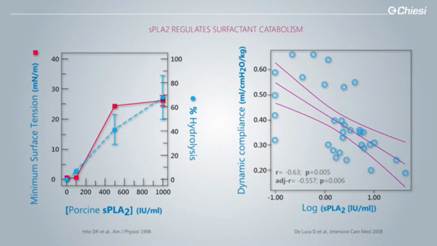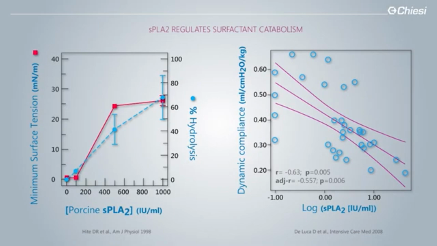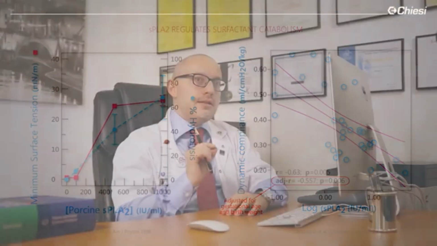How stiff the lung is means basically how much functional residual capacity you have, which means how much active surfactant you have there. So dynamic compliance is a proxy for the amount of active surfactant. You see there is an inverse correlation between dynamic compliance and phospholipase A2 activity. So again, even in human neonates, phospholipase A2 is able to destroy surfactant, impacting dynamic compliance and so lung function.